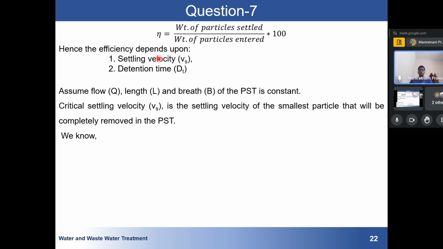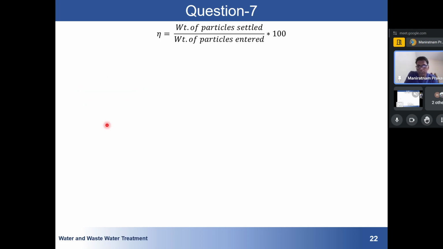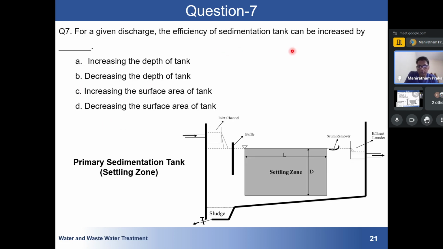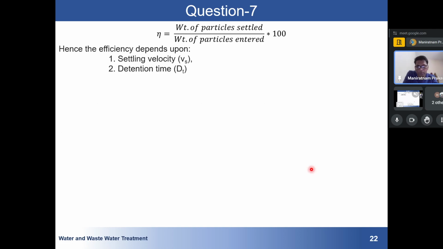So first I will discuss this settling velocity. Assume, even if it is not written in the question, that our discharge is constant. Whatever water is coming in this settling zone will come with some constant velocity, constant flow. Okay.